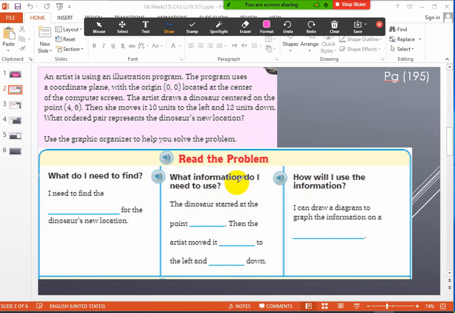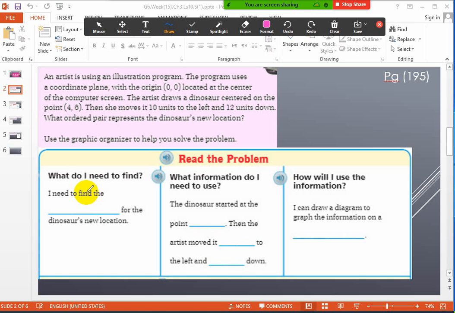It's the same in all problems or in all lessons about problem solving. So the first question is what do I need to find? I told you the answer for this question is the question in the problem. What do you want to find in the problem?